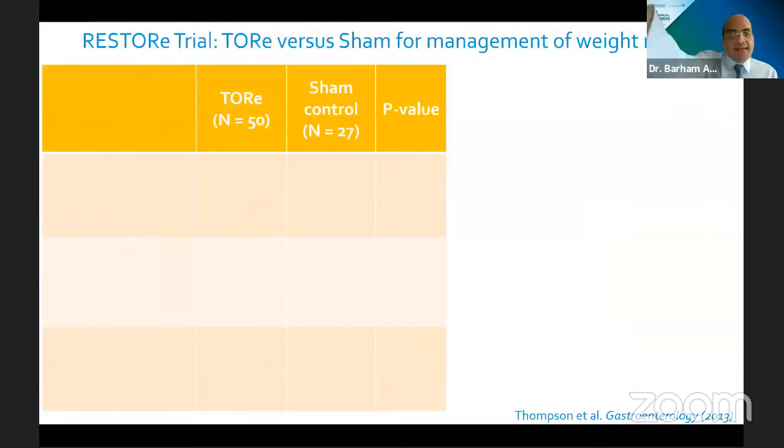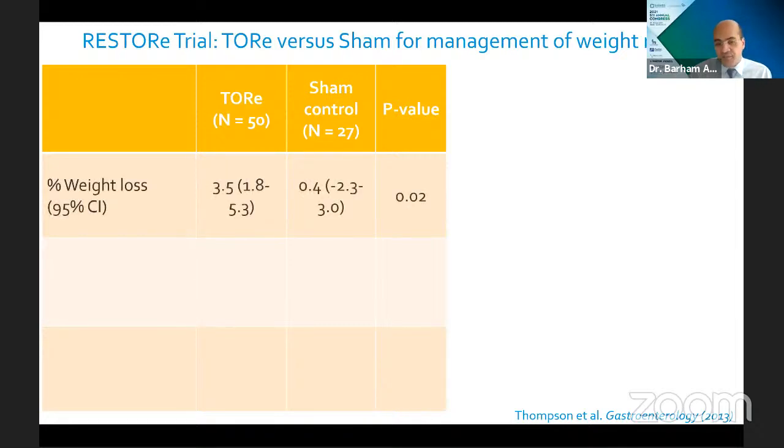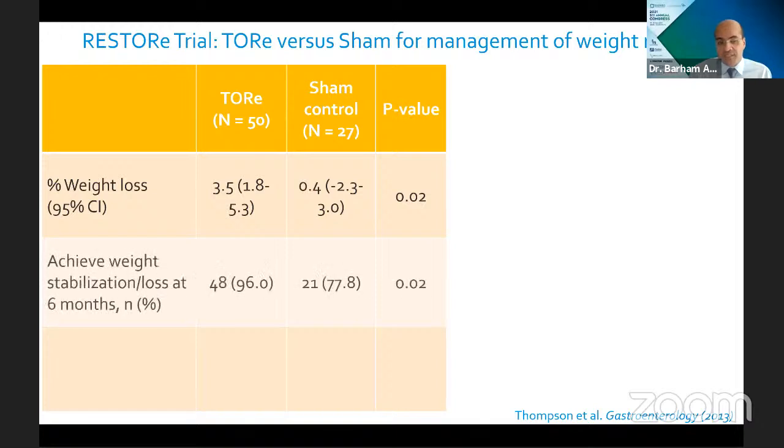So there is a randomized controlled trial in this field. It was done with a device that is not full-thickness suturing, the EndoCinch device, which uses suction-based mucosal suturing. Nonetheless, even with suction-based mucosal suturing, compared to sham, the percentage total weight loss is much better. Look at percent weight stabilization at 6 months. Remember, these patients are gaining weight.